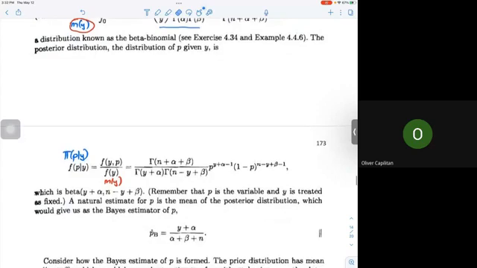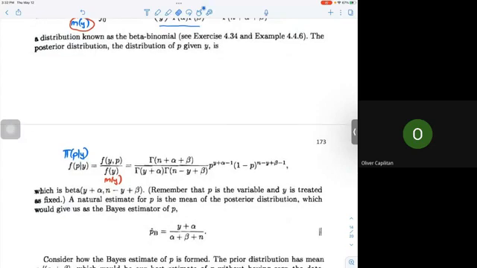Okay, so we have that as our posterior distribution. This posterior distribution has a beta distribution with parameters y plus alpha, n minus y plus beta.